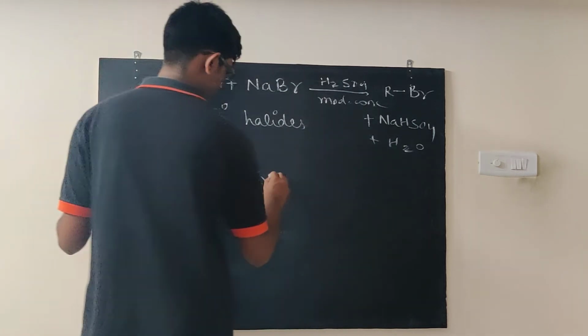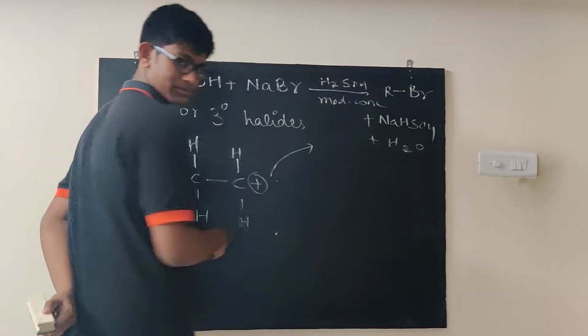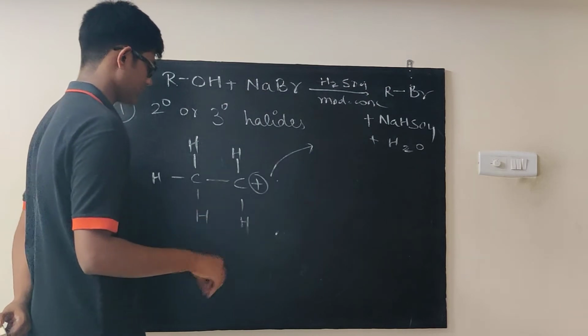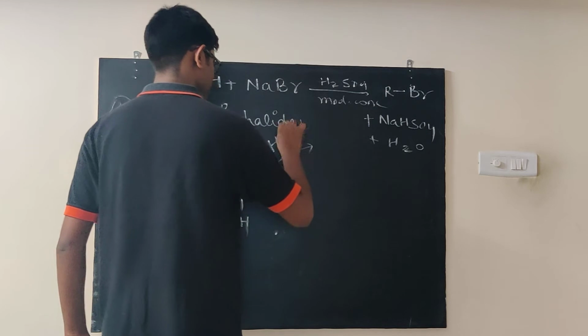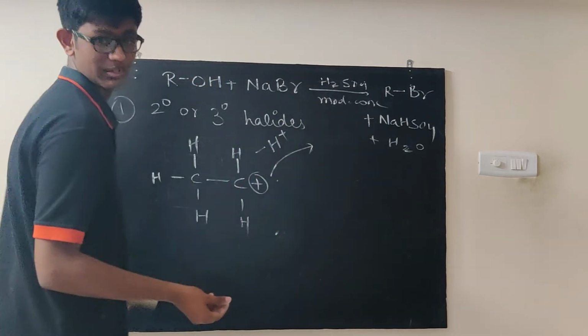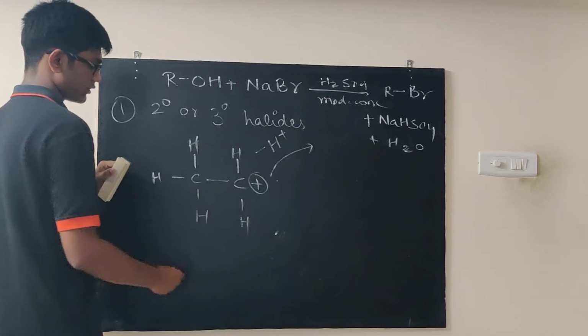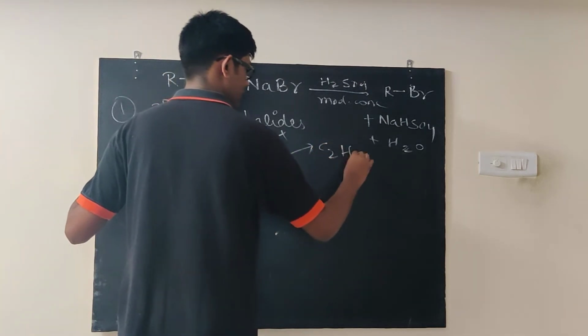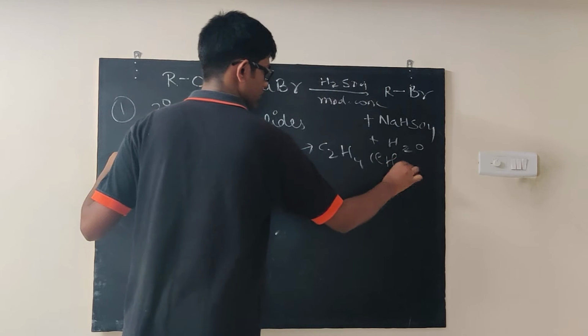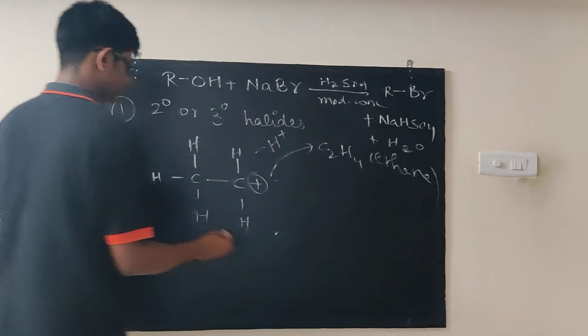Now this guy can either get attacked by some nucleophile, that's one thing, but he can also do something else called deprotonation. So I can always write minus H plus. What will be the structural formula of this? I get 4 hydrogen and 2 carbons, so I get C2H4, and C2H4 is commonly known as ethene, right? You guys know this. So I get ethene. How does this happen?